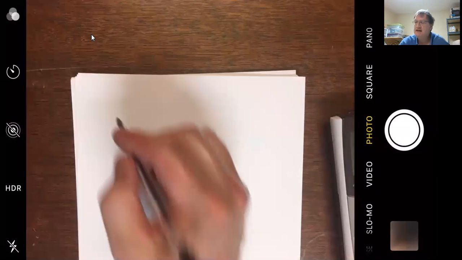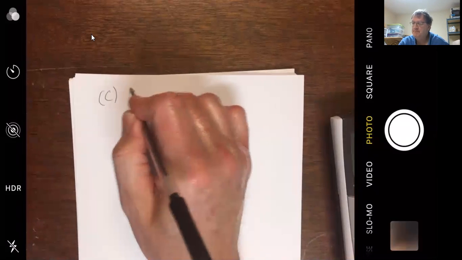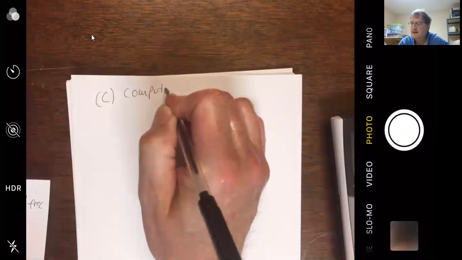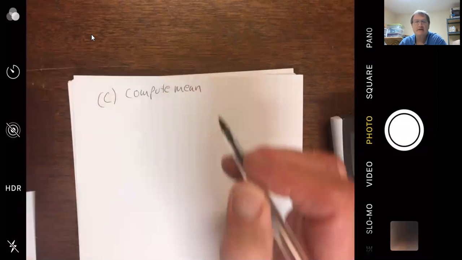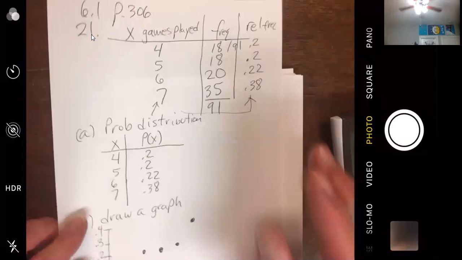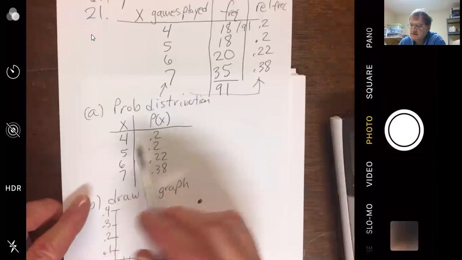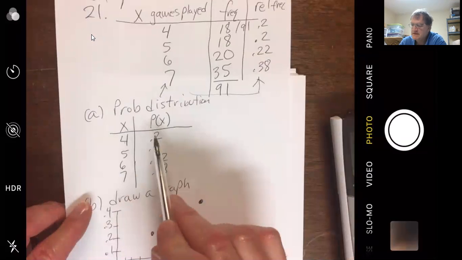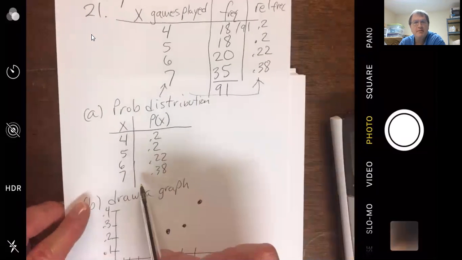If we go to part C and they say compute the mean, have we gotten it across that your mean is basically X times the P of X, added up?